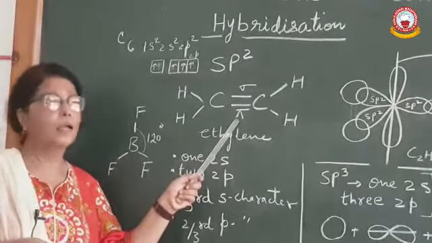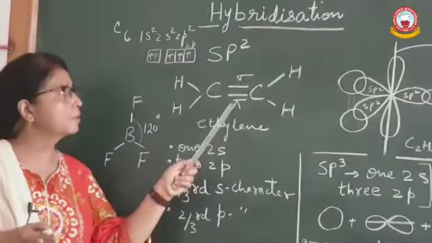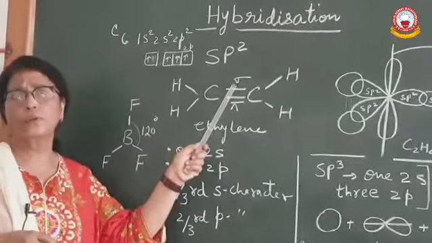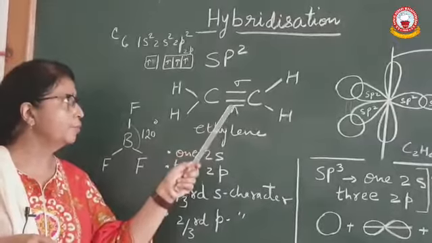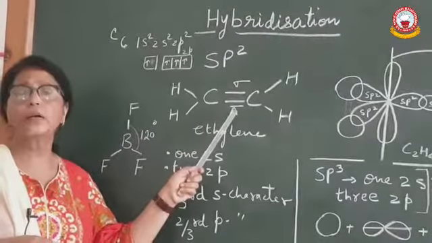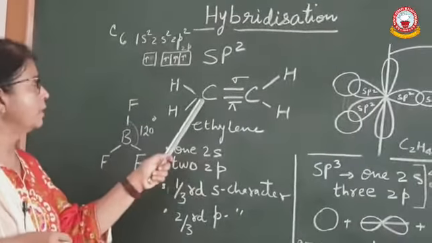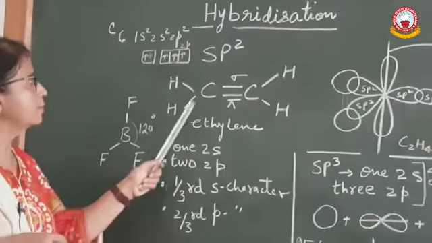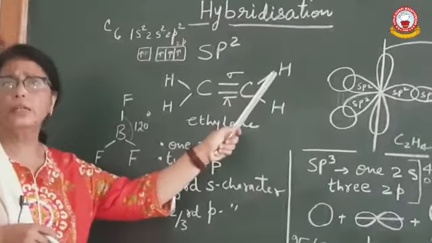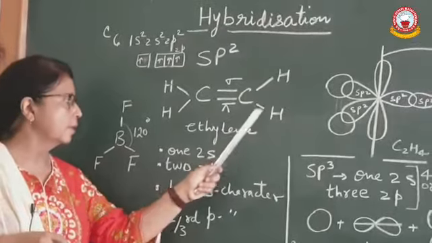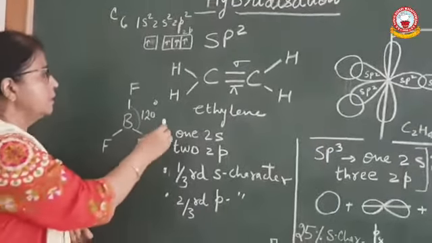Whenever a hybridized orbital overlaps, always a sigma bond will be formed, and whenever pure p orbitals overlap, we get a pi bond. So, on one carbon you have 2 hydrogen atoms, on another carbon again you have 2 hydrogen atoms.